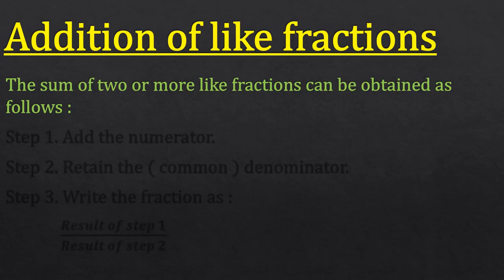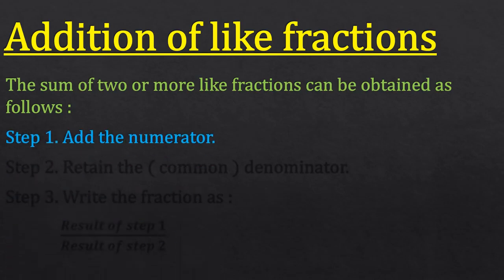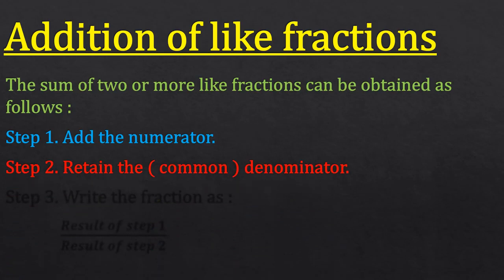So the sum of two or more like fractions can be obtained by following steps. First step is add the numerators. Second step, retain the common denominator because the denominators are same. So you have to write down the same denominator.